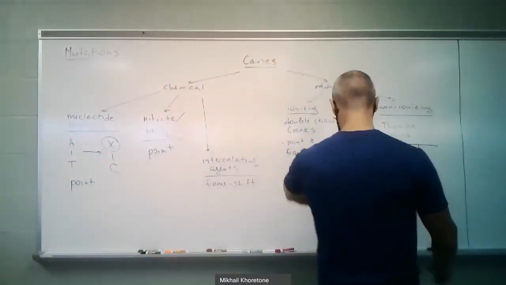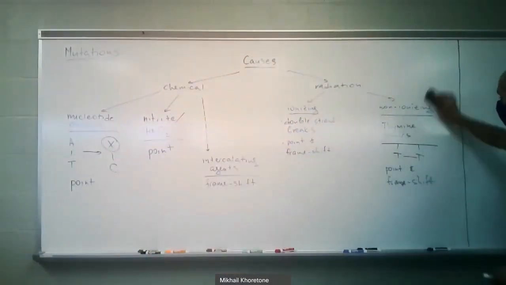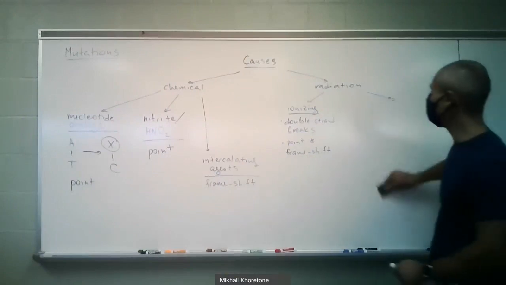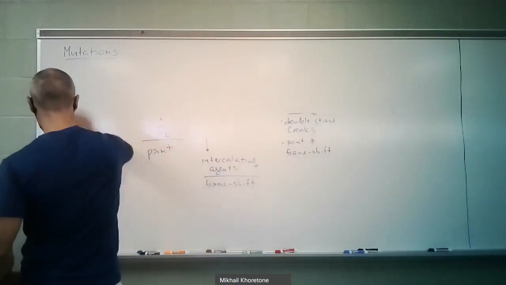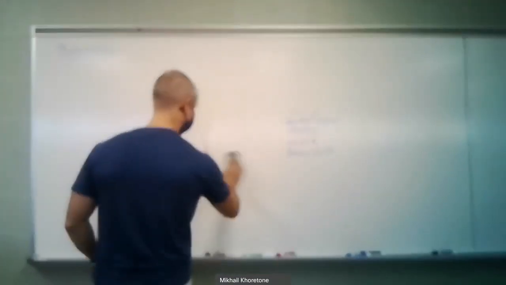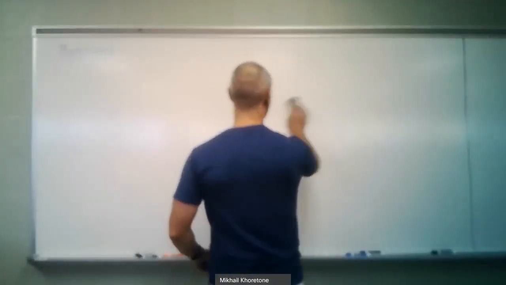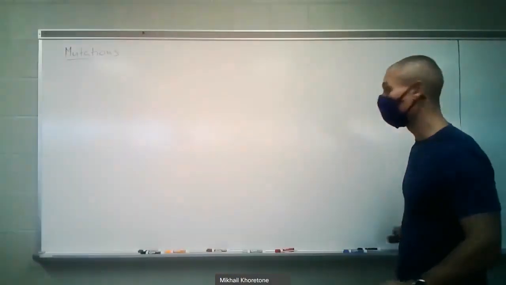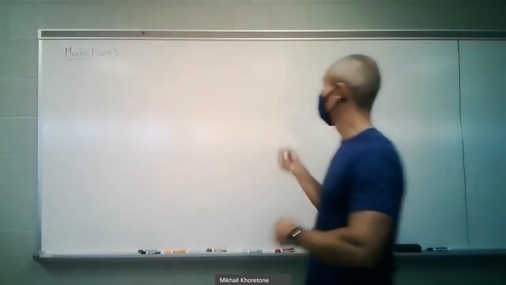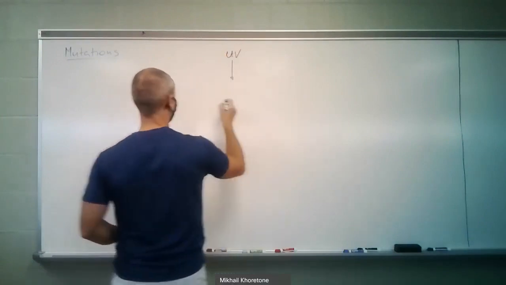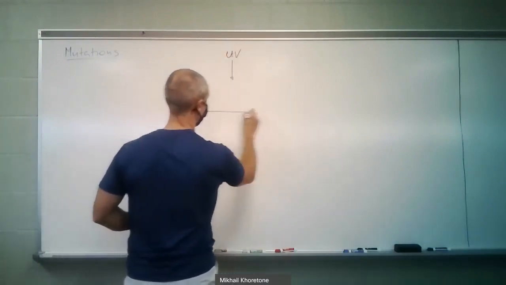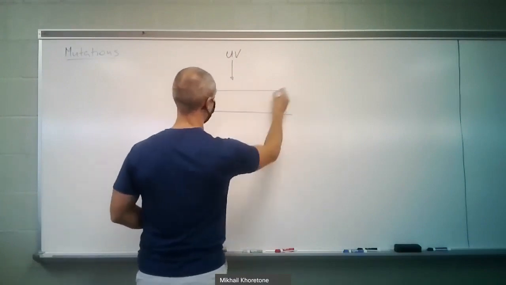Okay. So what can we do about the mutations? We can repair them. And I will be specifically focusing on the thymine dimer repair, okay? So UV light acts on the DNA.